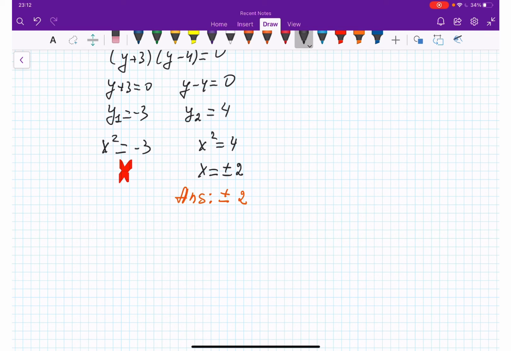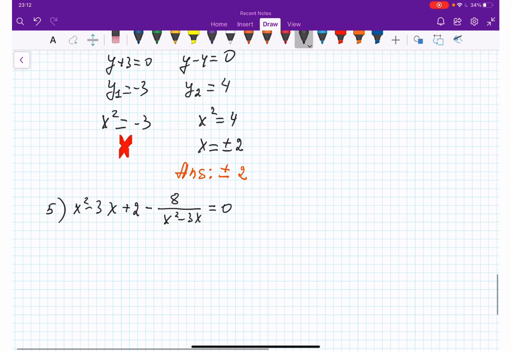Okay, next problem, number 5. We have x squared minus 3x plus 2 minus 8 over x squared minus 3x equals 0. So we are going to substitute x squared minus 3x is equal y.